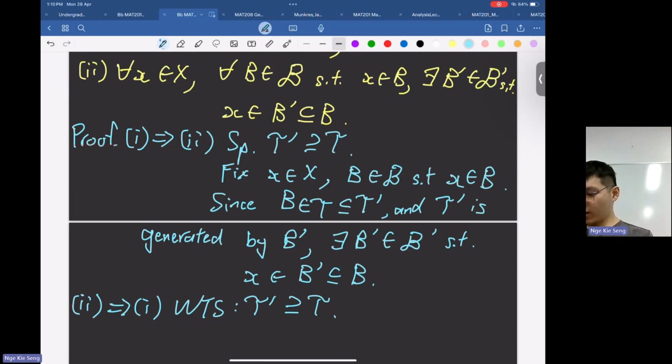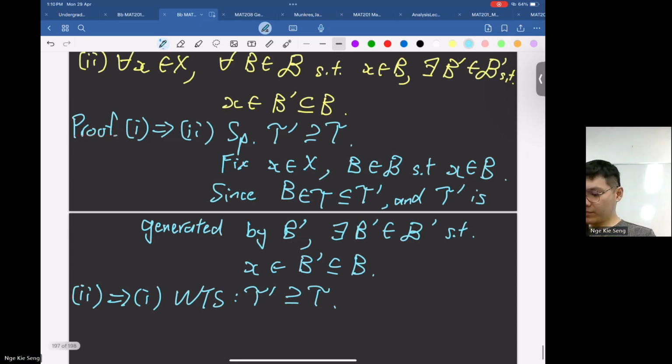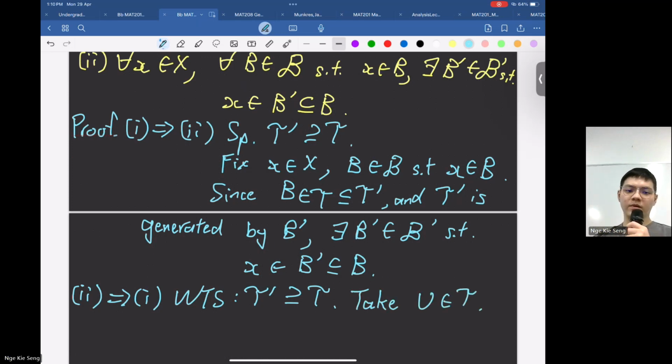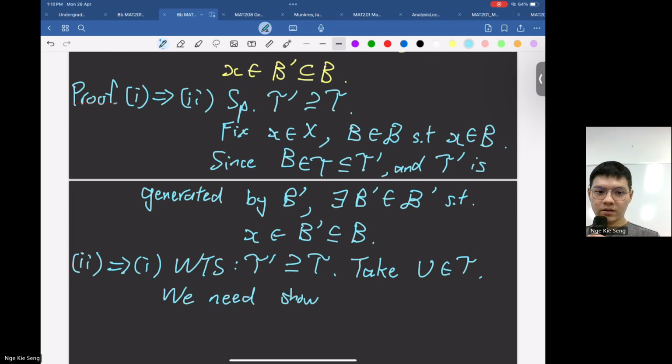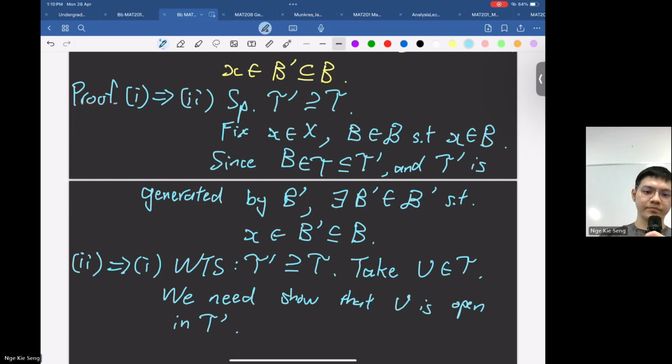So just take an open set U in T. We need to show that U is open in T prime. So how do we do this?